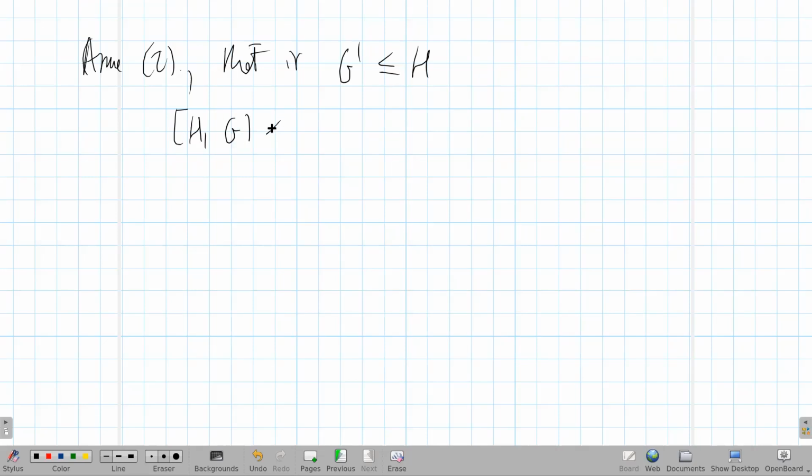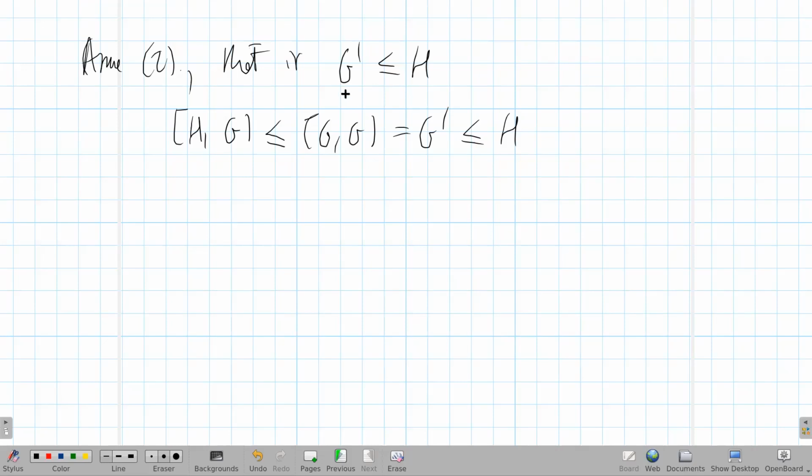And so this is definitely a subgroup of G, okay? Because this is generated by commutators of an element of H and an element in G. And so, as a particular case, this is generated by all commutators. But this is G prime, of course, so it's just a different way of writing it.